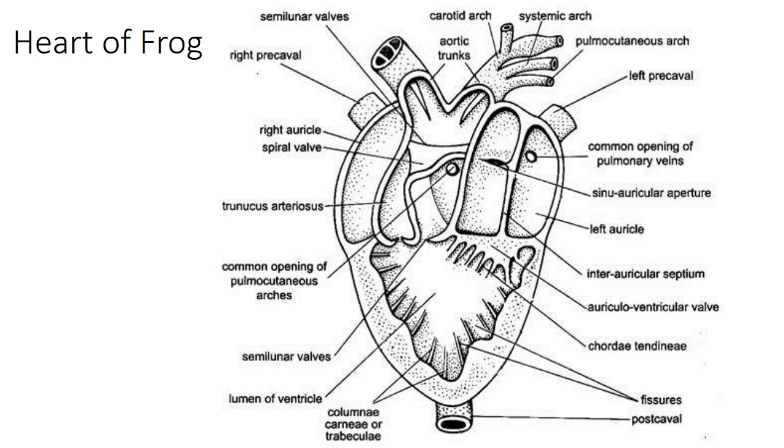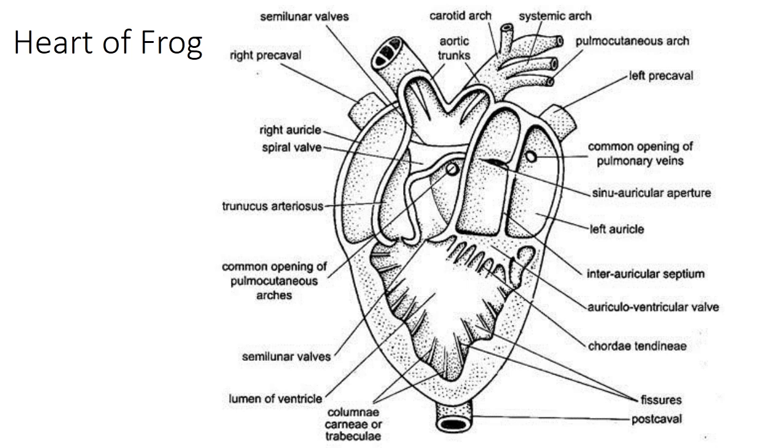Both these chambers open into the ventricle, and the region between the two atria and the ventricle is known as the auriculoventricular aperture.